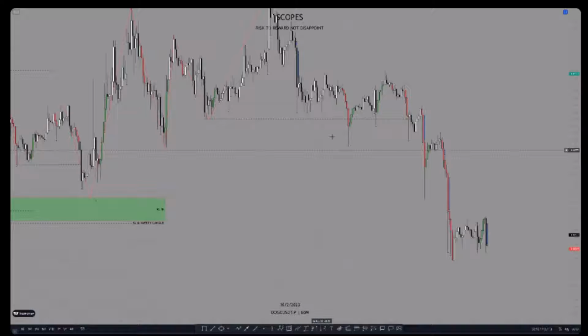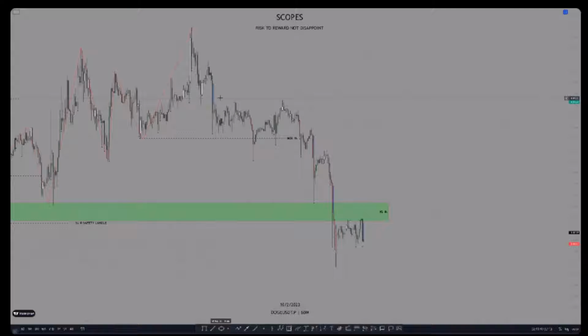So we've got this break of structure now. What I do now is, there are other examples, and this is on Doge. I don't really trade a lot of other coins. I used to, but there's just too much going on.